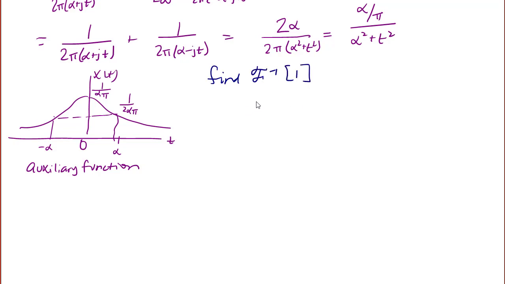The way we're going to do this is we're going to let alpha go to 0. So if we let alpha go to 0 for x of t, what we'll see is that this middle term will start to blow up and go to infinity, and alpha and negative alpha will become closer and closer together, going towards the origin. So it's going to start to look like this.